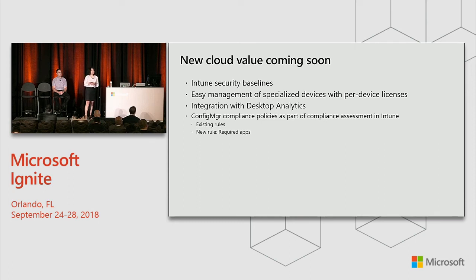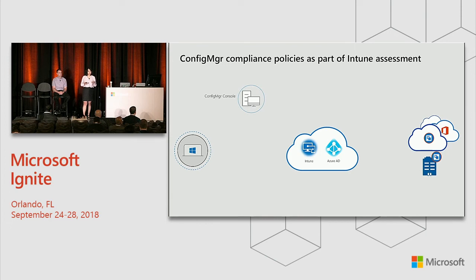ConfigMgr already has a set of rules to do these assessments, such as if you have the latest updates, and we're also adding a new rule called required apps, if your apps are updated to the latest version. So ConfigMgr has knowledge of that, and if you choose to combine that knowledge, you can do so from the Intune side, and then this information will be sent to Intune and aggregated as the final status.